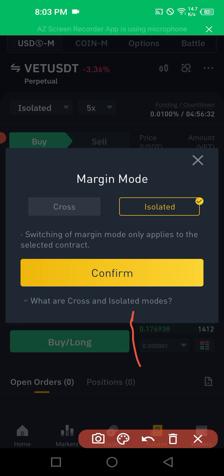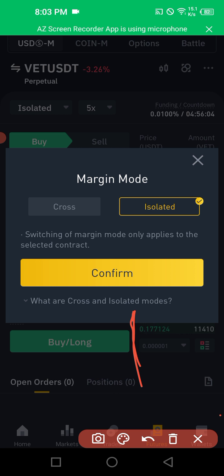Even though it's $100 in your futures wallet, you can say, I just want to use $20 to enter the market. $80 will be saved automatically. So when the market is going against you, if you don't use stop loss, it will only take that $20. It will not go to the $80 that you kept as reserve, even though the full $100 is in your futures wallet.